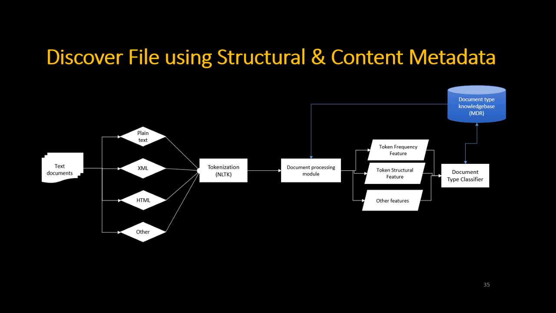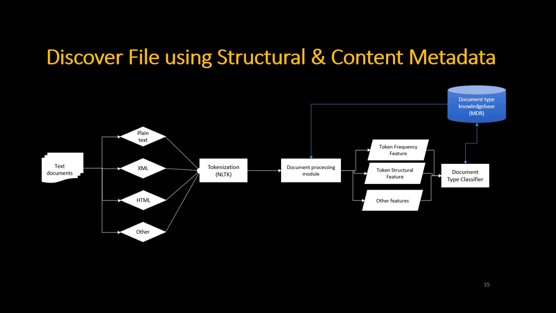And then all those tokens in the document are processed through a homegrown document processing module to extract the token frequency features and token structure features. These structure features are used as input for our machine learning approach to build the document type classifiers.